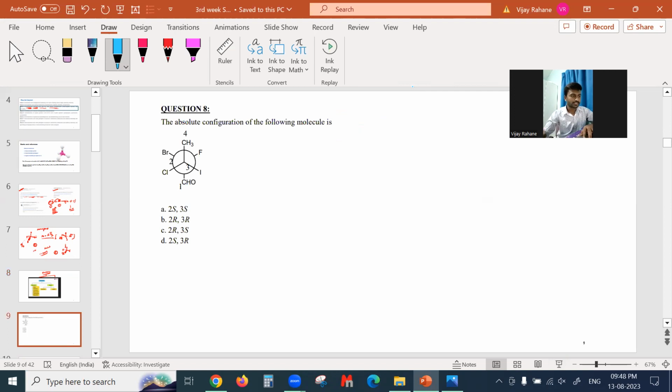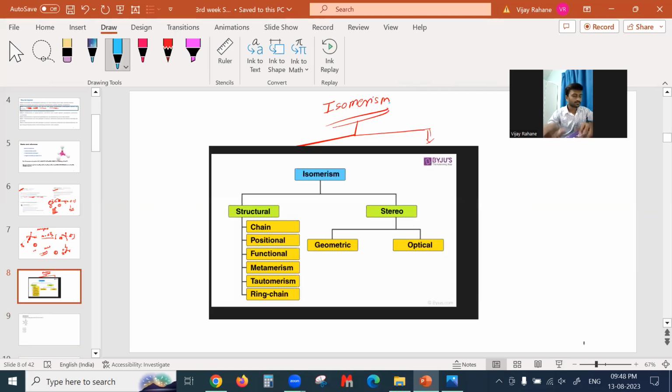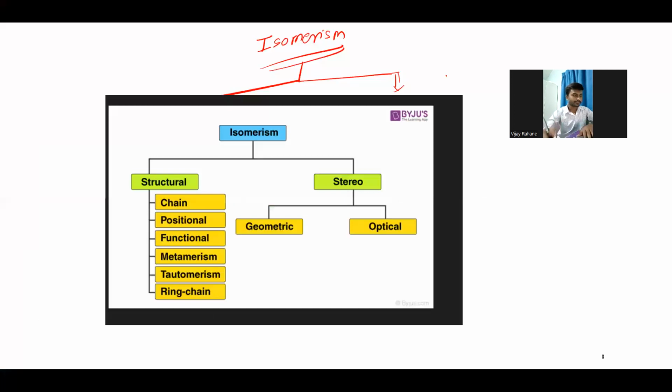I'll put it on presentation mode. Let's say I have one structure having CH3, CH2, and C double bond OH. So this is one compound which contains three carbons, hydrogen is 6 and 1 oxygen.